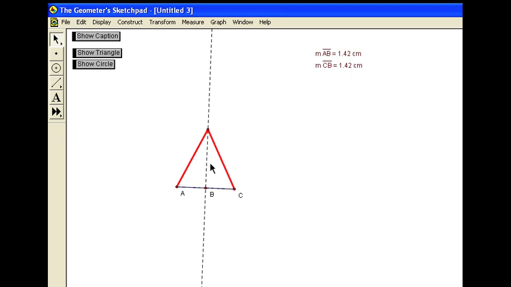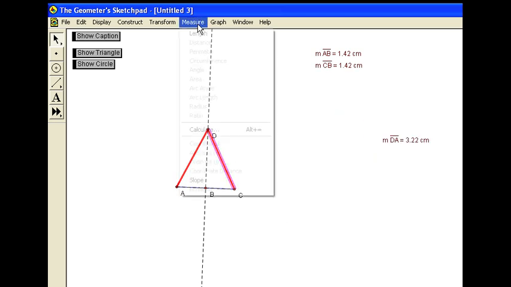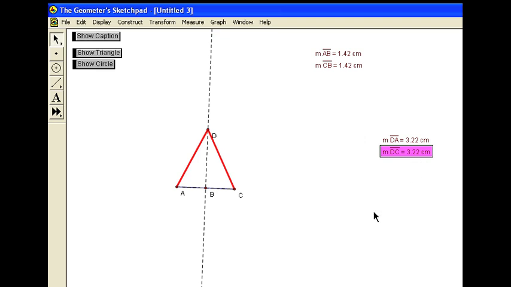Okay. Another thing we can do is measure the length of these two sides, because they're supposed to be equal. So let's go ahead and do that. Measure length DA and measure length DC, and they're supposed to be equal, and they are.